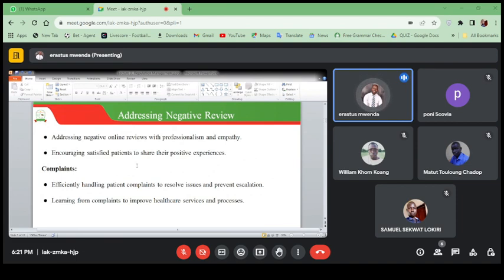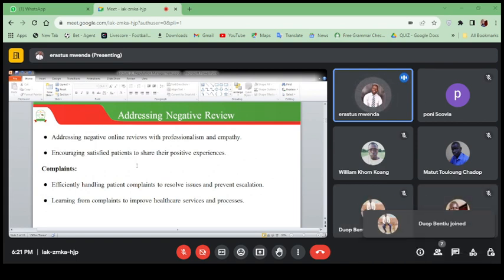Now, sometimes we will receive negative reviews, negative comments. So what are we supposed to do as a healthcare organization? Key point number one is we need to address these negative reviews with a lot of professionalism and empathy.